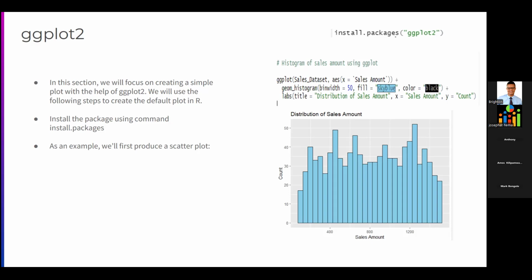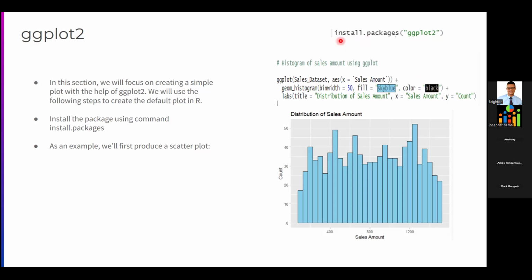Then the first example that we are going to use is a histogram. It's an oversight here, it's not a scatter plot. We are going to check how to create a histogram using ggplot. Now, the first line, as you see here on the top right, we have said install.packages ggplot.